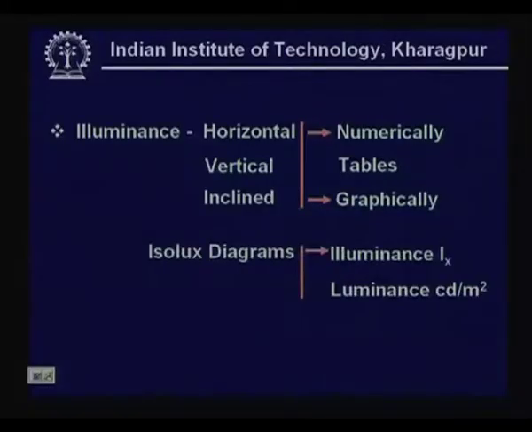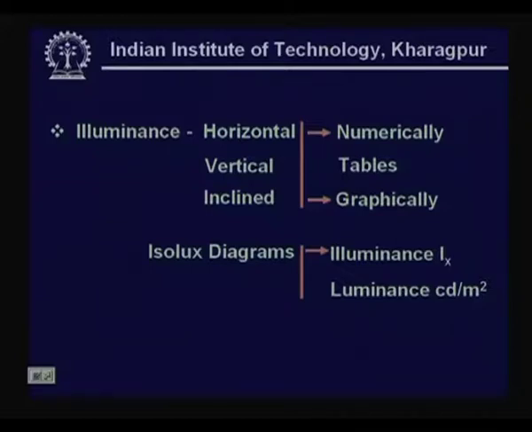So this is where our fundamental understanding of the light output and illuminance levels obtained from the source needs to be applied. Based on these relationships, manufacturers provide in their catalog numerical values, in the form of tables, and graphically in the form of diagrams.